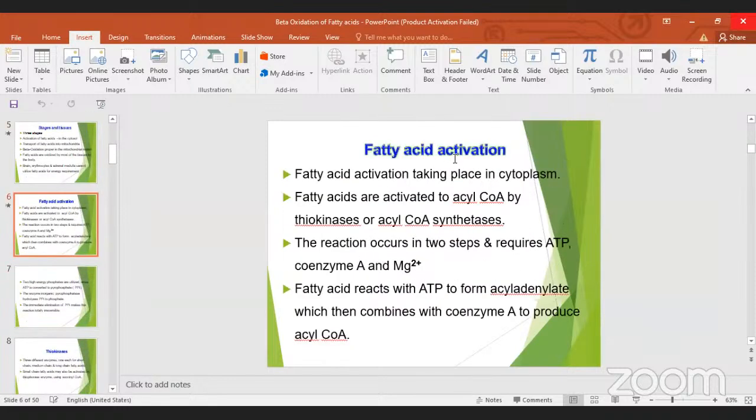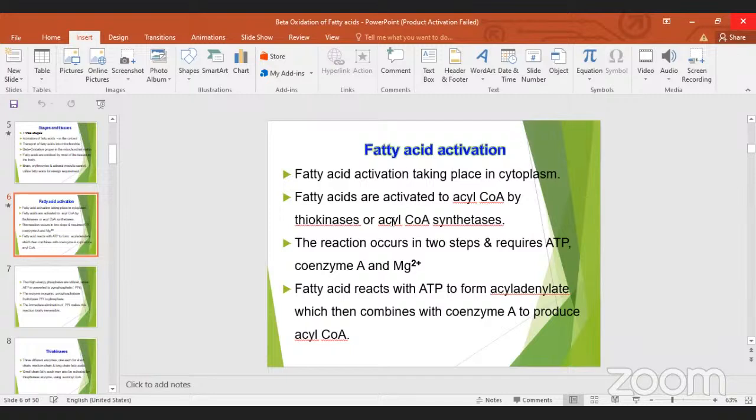Fatty acid activation site is the cytoplasm. Fatty acids are activated by thiokinase, also called acyl CoA synthetase.